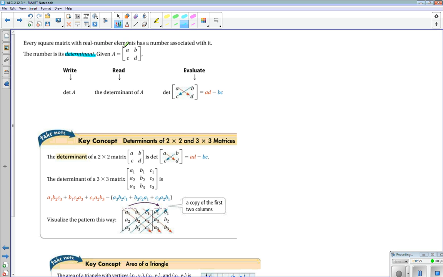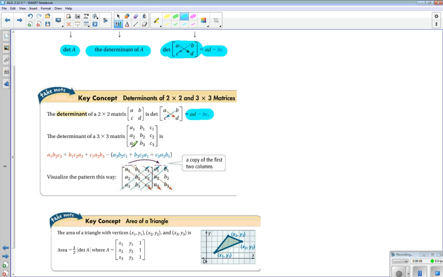We're going to look at A and letter its elements as A, B, C, and D. Then the determinant of A is A times D minus B times C. And I like it because it's really similar to what we do by cross multiplying. Okay, so the determinant of a 2 by 2 matrix is A times D minus B times C.